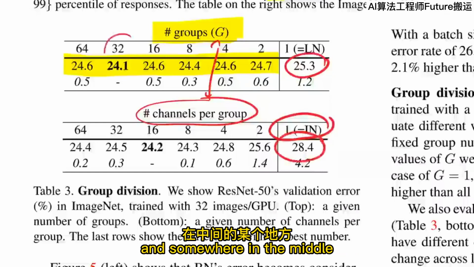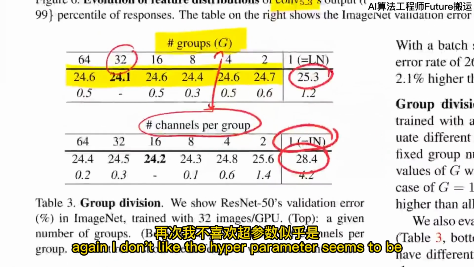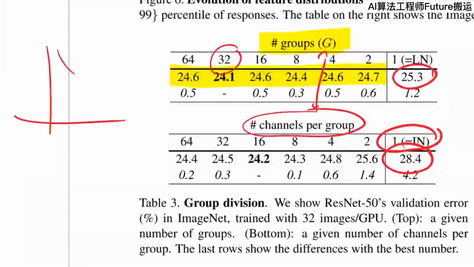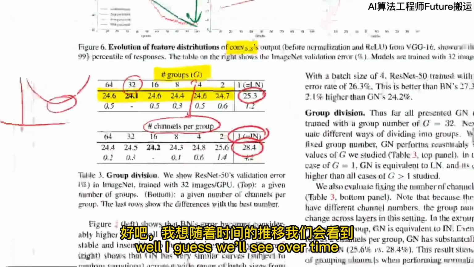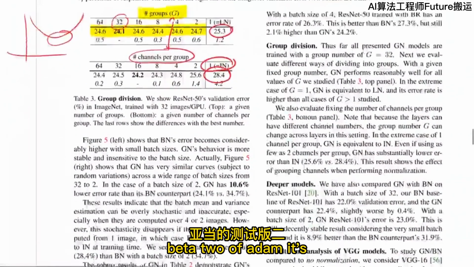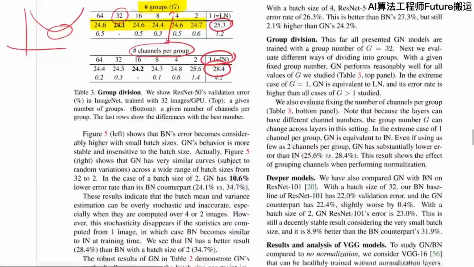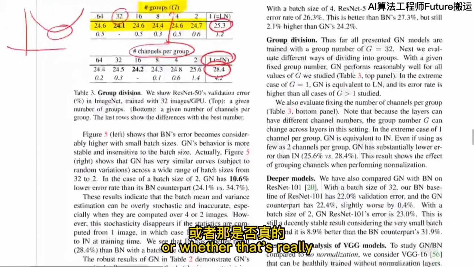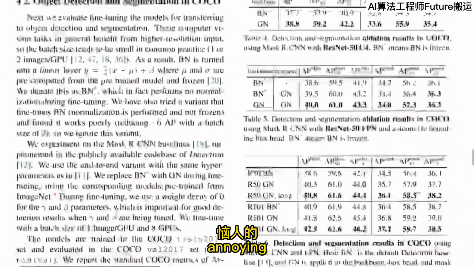And somewhere in the middle, here with 32 groups, seems to be a good sweet spot. So I don't like the hyperparameter. It seems to be somewhat of a thing where you really have to hit a good value. And I guess we'll see over time if that value is always going to be about the same, like the beta 2 of Adam. People never change it from 0.999 because it just tends to work, or whether that's really going to be another hyperparameter to fit. That seems to be annoying.